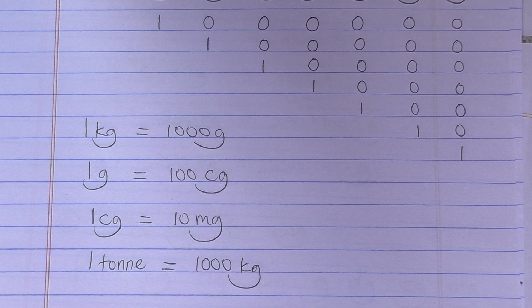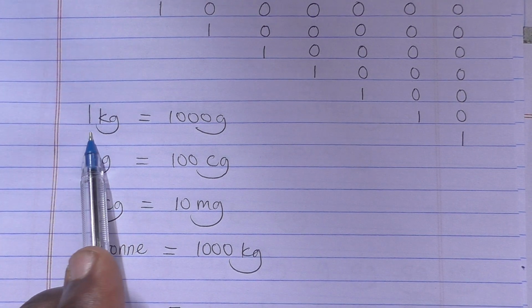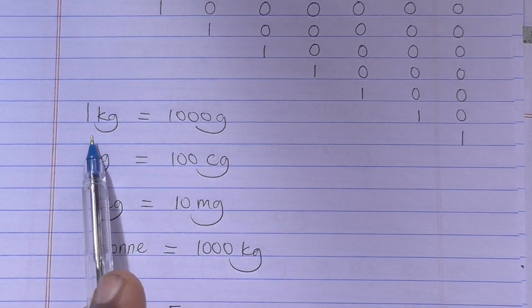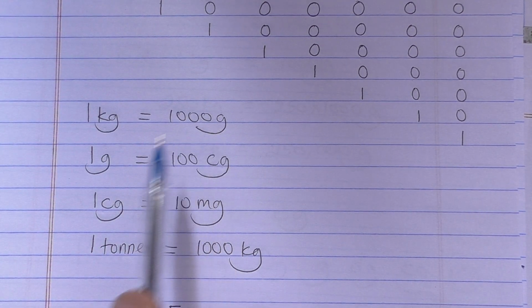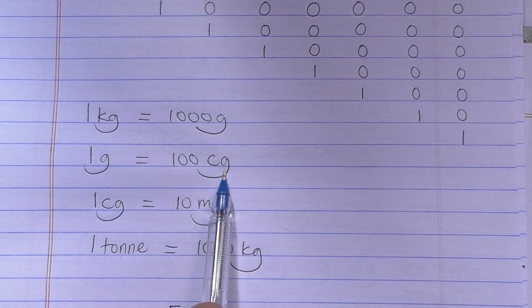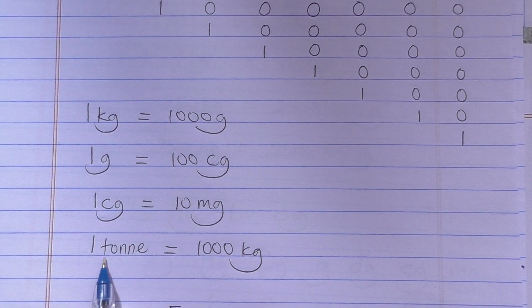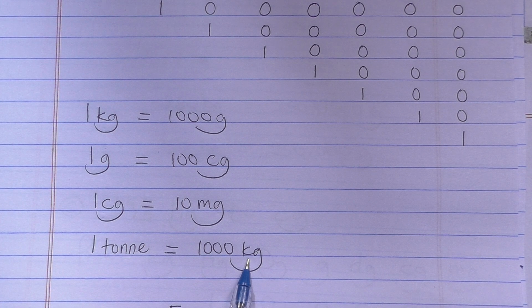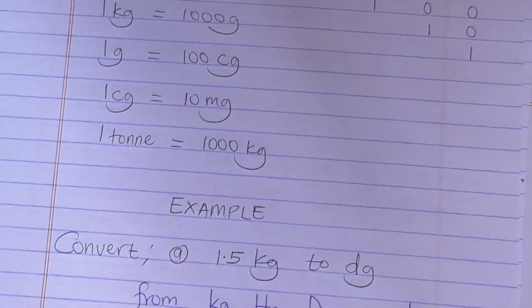So that's why we use tons. So after looking at the equivalence of a kilogram in terms of grams, grams in terms of centigrams, then centigram in terms of milligram, and a ton in terms of kilogram, we can now try some examples.